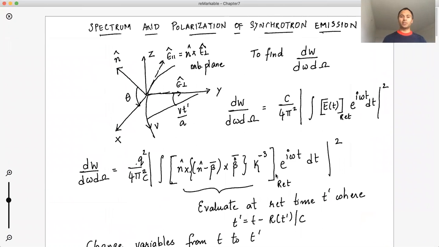So let's go back to the geometry. You've already seen that a charged particle in an external magnetic field goes along a helix, right? And so we need to choose coordinates which are going to make our life simple here. So I'm going to choose coordinates where, at the retarded time, when you're actually calculating that quantity, I'm going to assume that the particle is moving in the xy plane.